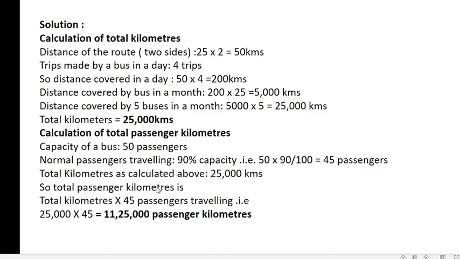So total passenger kilometer is 25,000 into 45 passengers, that is 11,25,000 passenger kilometer. Here we have been asked to calculate total kilometers and total passenger kilometer. And with the help of the information grid, we have calculated the total passenger kilometer, that is 11,25,000 passenger kilometer.